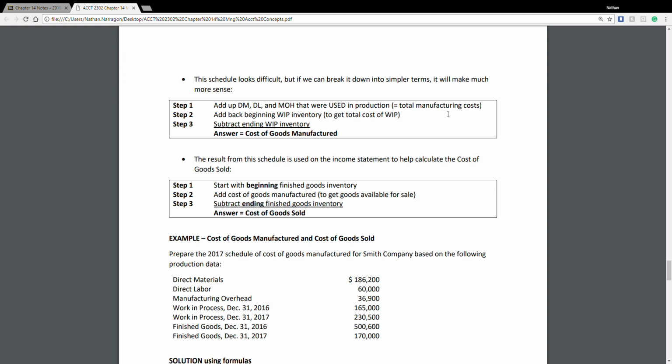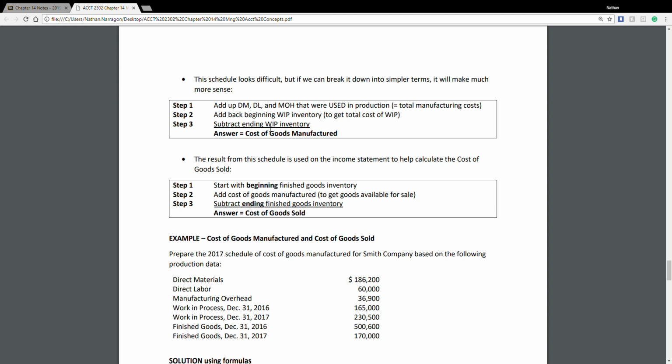This is known as total manufacturing cost. Next, we add the beginning work in process inventory. This gives us our total cost of work in process, and then you subtract the ending work in process inventory. This is known as cost of goods manufactured.